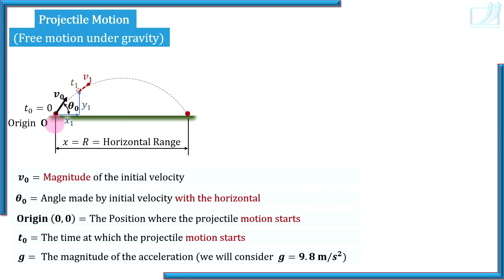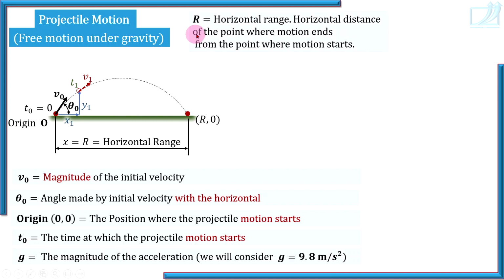Horizontal distance travelled by the particle from the instant where motion starts to the instant when motion ends is the horizontal range. It is the x coordinate of the point where motion ends. So how do we define horizontal range?